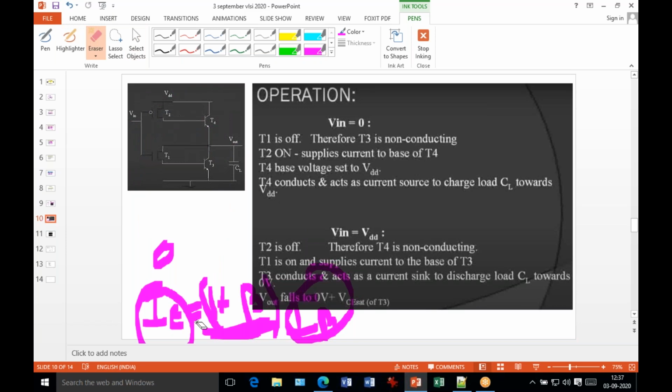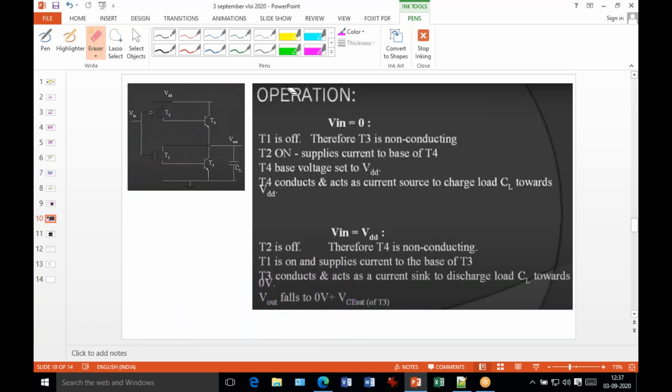Now I am interested in checking the performance in the case of logic 1. If your input is logic 1, we also check the output node voltage. We are interested in this second case.